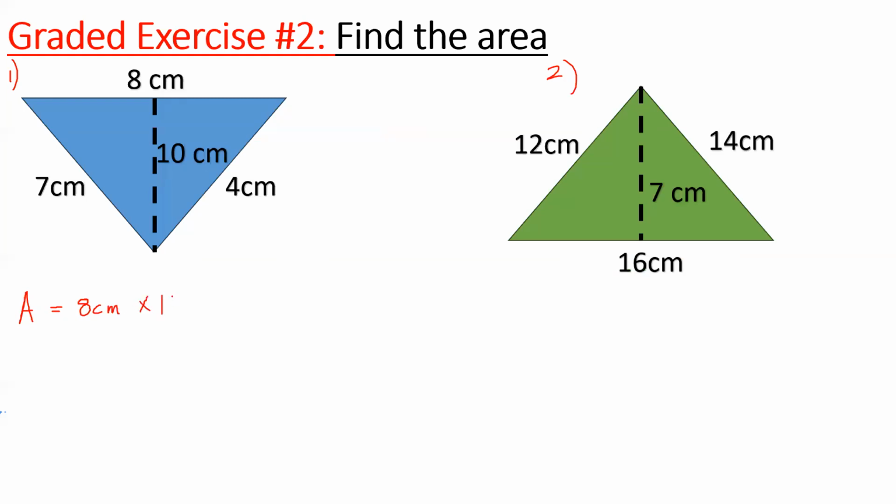So what does that mean? We divide by 2. And what's the area? We multiply. 8 times 10 is 80 centimeters squared. 80 centimeters squared divided by 2 is 40 centimeters squared.